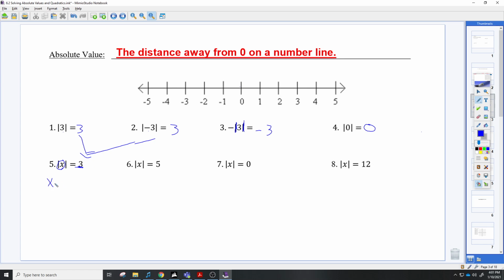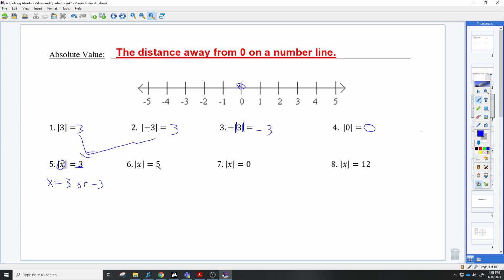So the x value could either be positive 3 or negative 3. So we have 2 different answers when you have a variable inside of an absolute value. And this will always happen because you can be on either side of the number line and count towards 0.